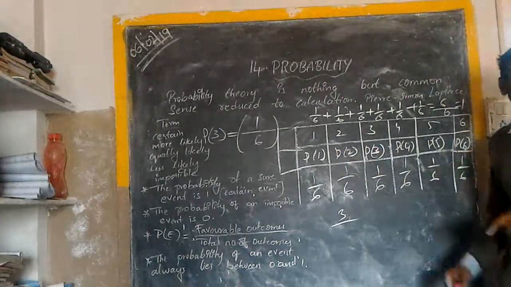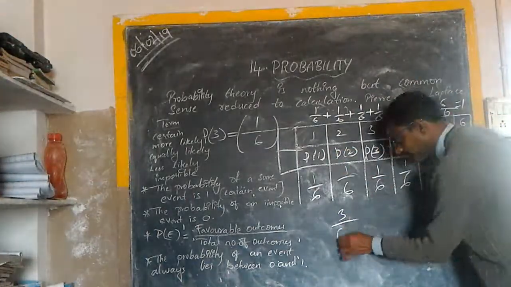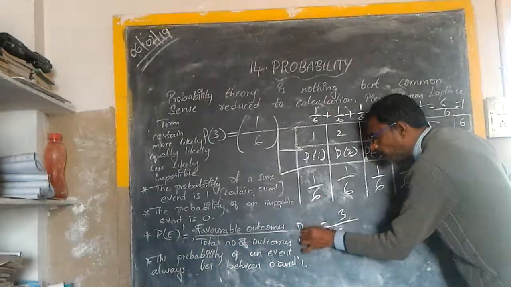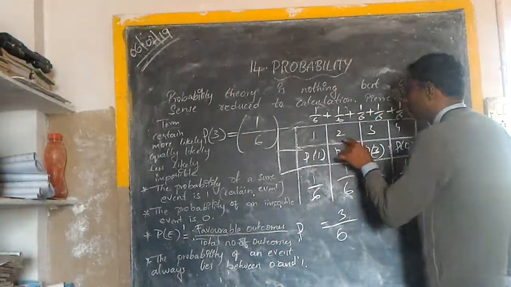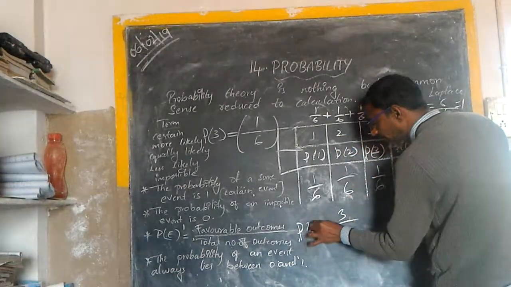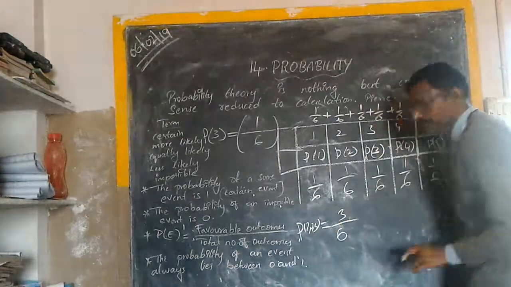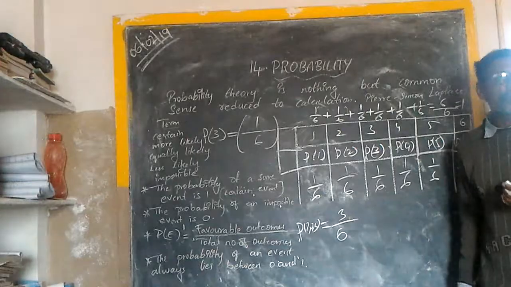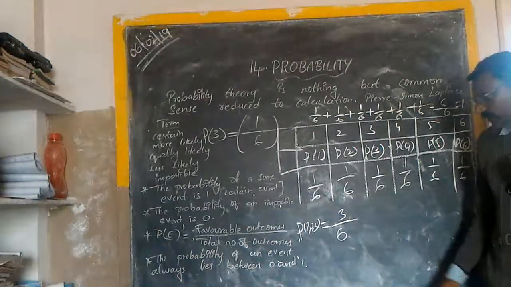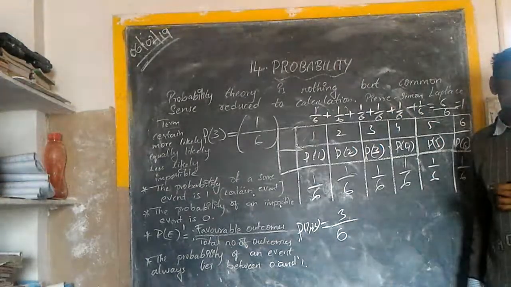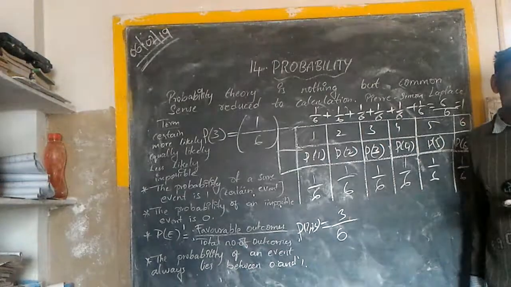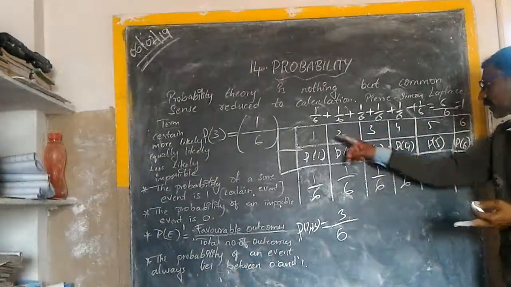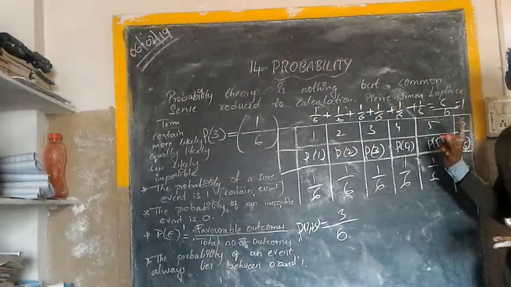Out of a total number of chances, 6. This is the probability of 2, 3, 4. Here 2, 3, 4 are the favourable chances for me. That's the reason it is 3 by 6. The rest are 1 by 6 each.